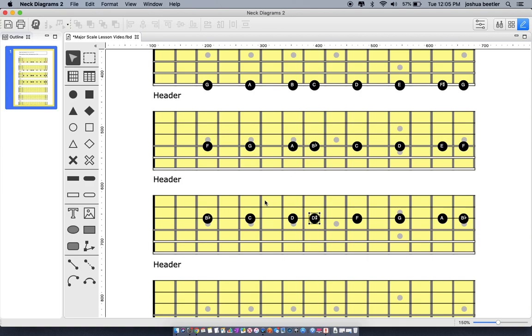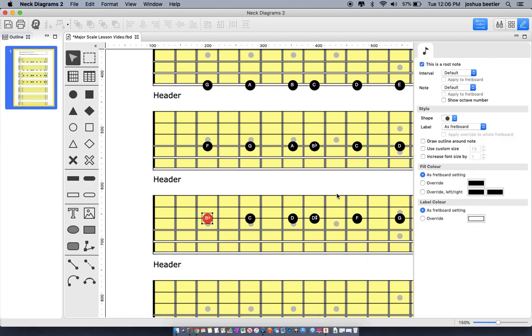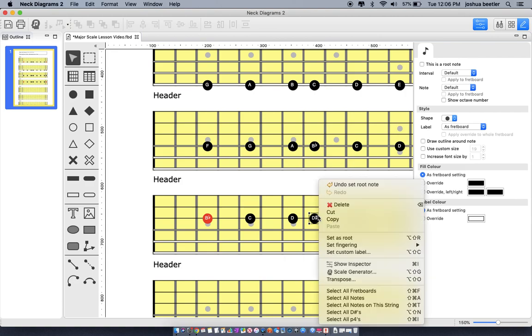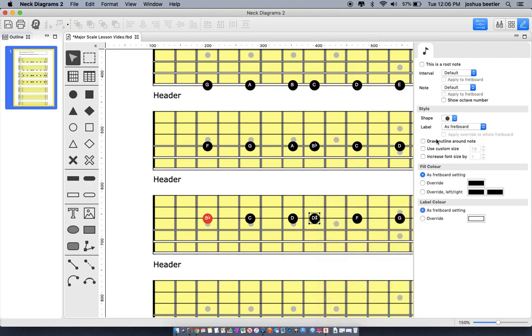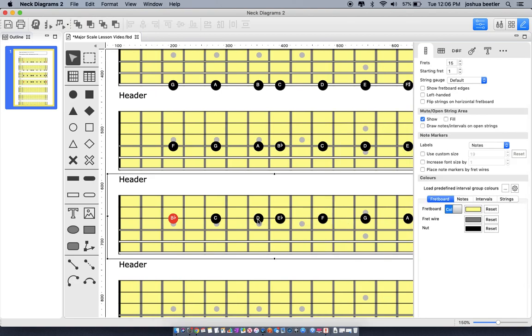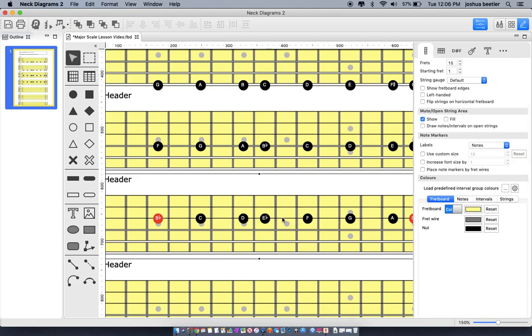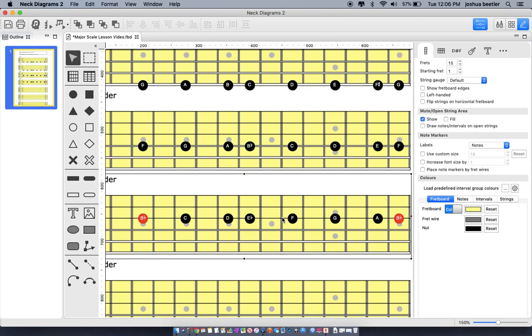All right, so what I'm going to do is make B flat the root, and it should change this to E flat, but it did not. So let's see if I can change that over here. Bingo. Now this would be correct, okay, because we can't have a D and a D sharp. We have to have all of the letters of the alphabet.